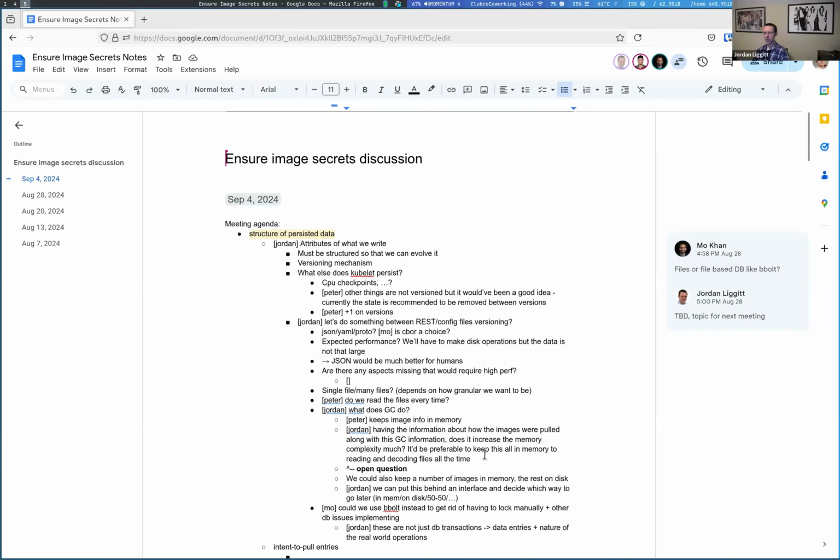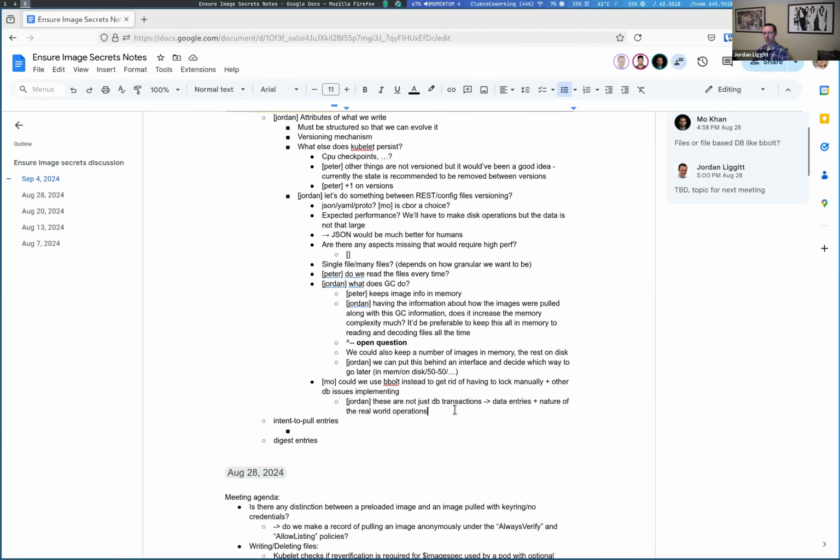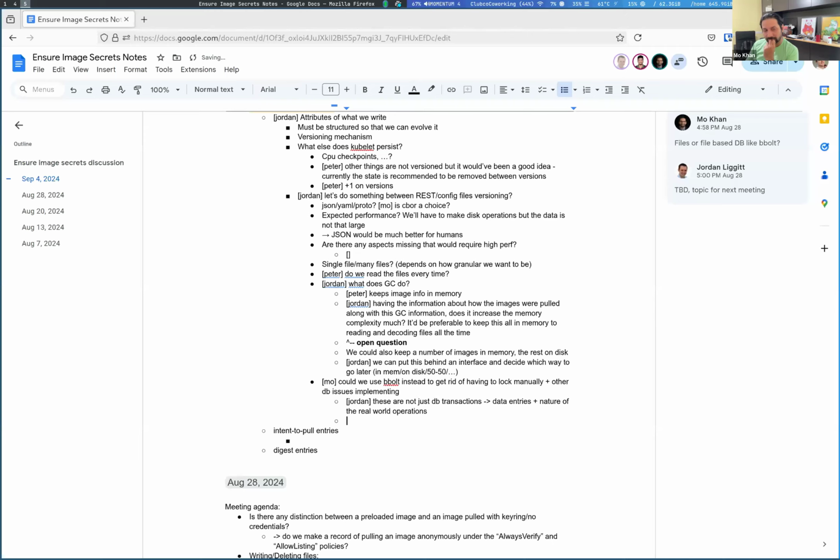I think if we do the bbolt thing, we have to keep it all in memory. I don't think it would work to have a bunch of little per image bbolt file log things, because there's overhead there, there's a minimum write ahead log size that it reserves, and that would be actually really big.